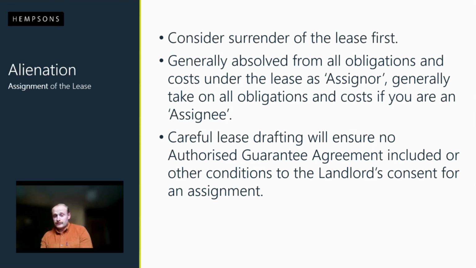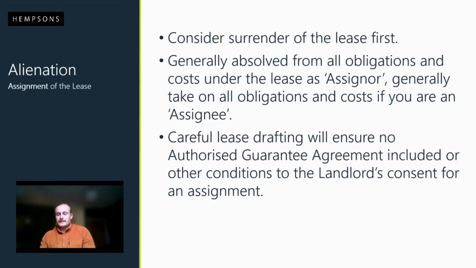Now, in a normal commercial lease, you will almost certainly need consent from the landlord, and they will likely request an authorised guarantee agreement or another type of personal guarantee. Whereas, ideally, if we're drafting a GP lease, we don't want these restrictions, as an outgoing tenant with an AGA will be liable for a lease that they are trying to offload. Just to touch back on an AGA again, an authorised guarantee agreement.